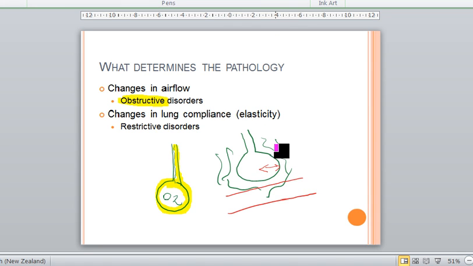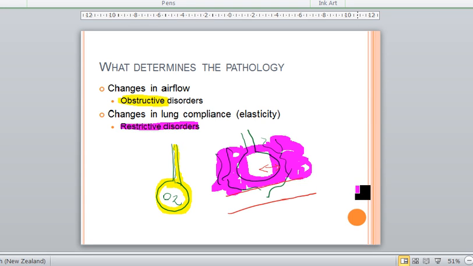If all of a sudden there is a problem that changes the composition of the lung parenchyma, making it less elastic, then the alveoli will be restricted and they'll have less room to expand, and that characterizes a restrictive disorder.